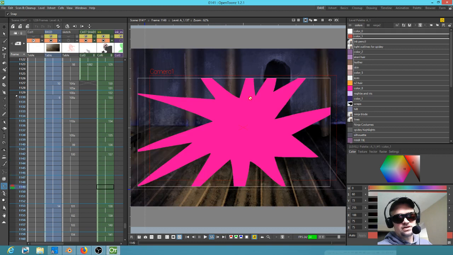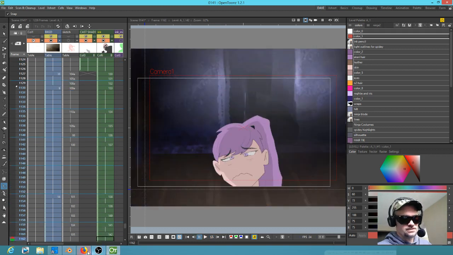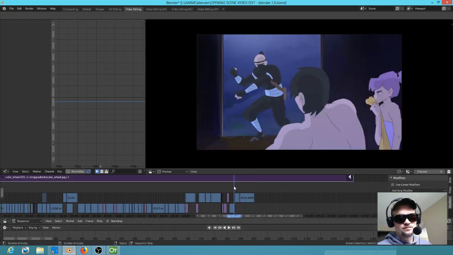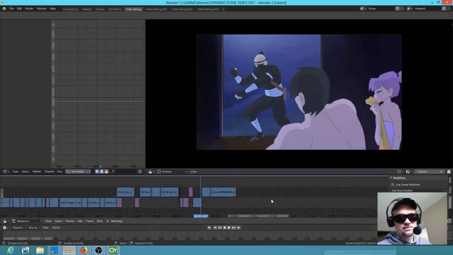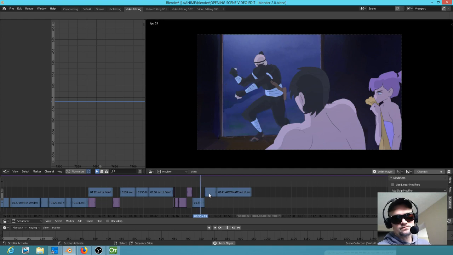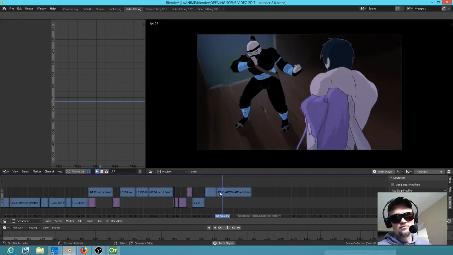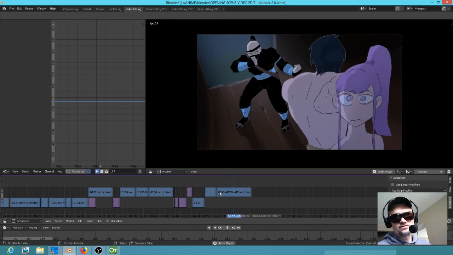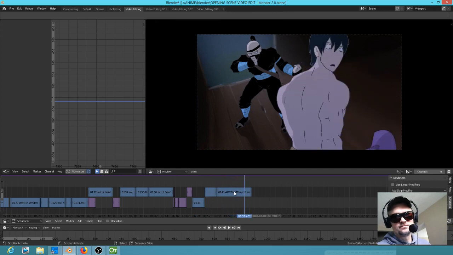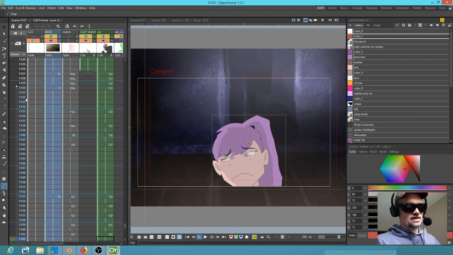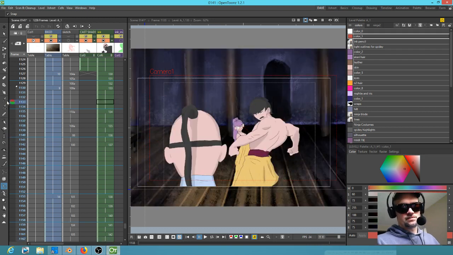We already saw Akari fall. Okay, so this was already redone here because the staging and whatnot were changed a bit. So this is the shot I completed yesterday. And so now Zen needs to clock the ninja, which is kind of what this was all about.